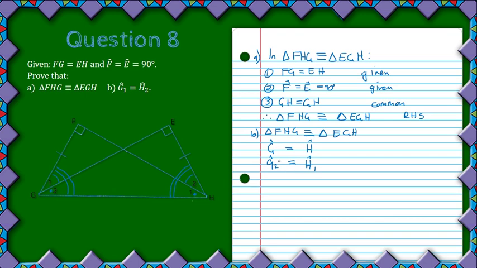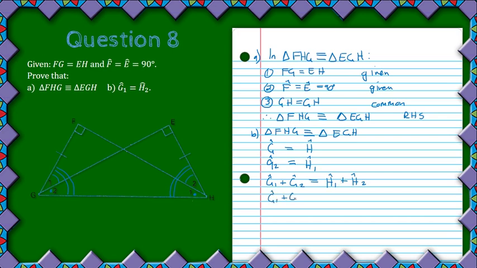And now I can say that this angle G, if I break this up, is angle G1 plus angle G2, which is equal to angle H1 plus angle H2. But since we've seen that G2 is equal to H1, I can replace this H1 with G2.